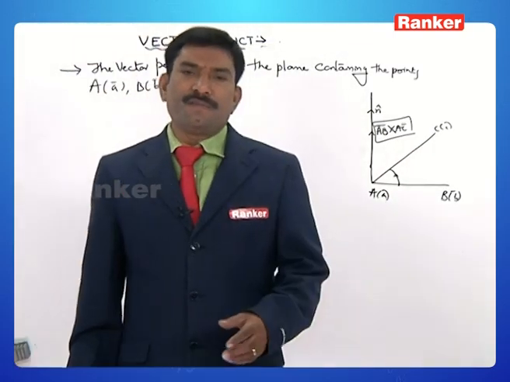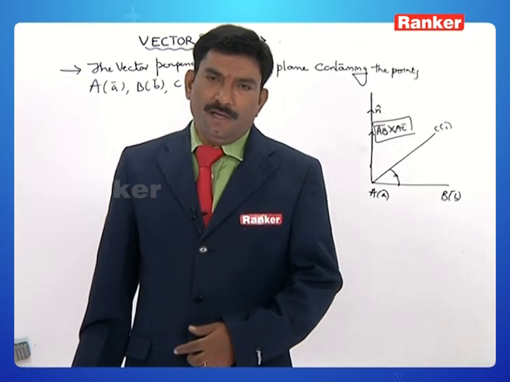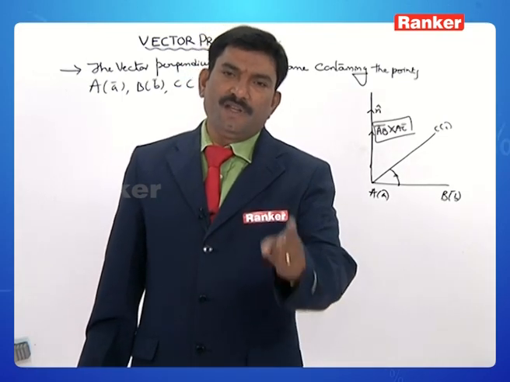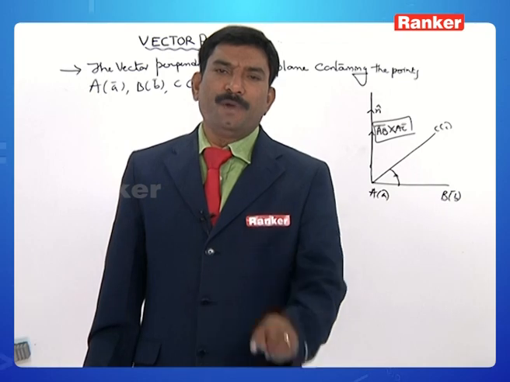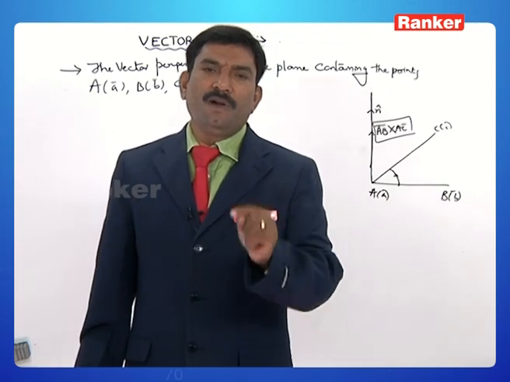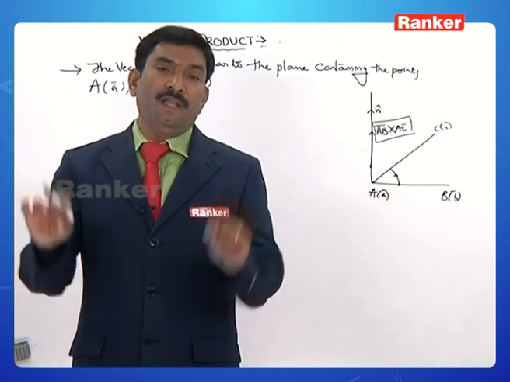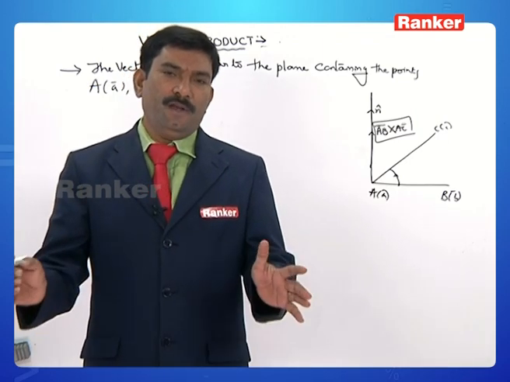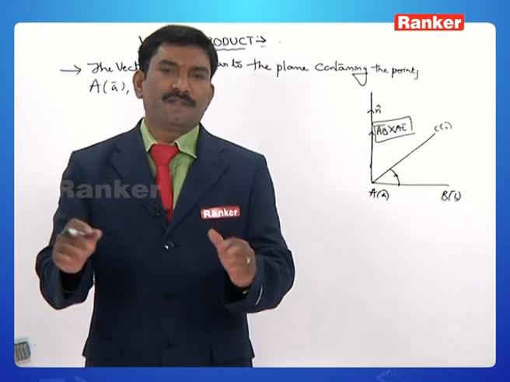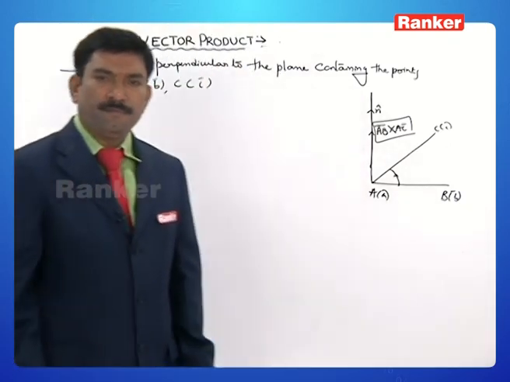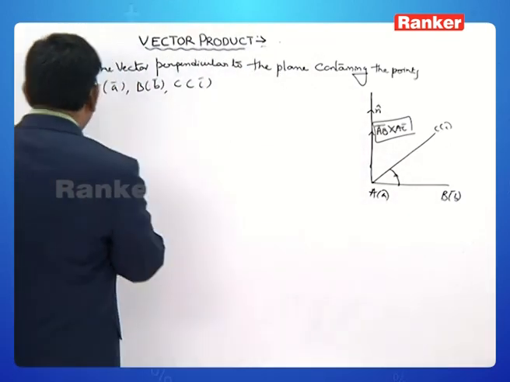By definition of cross product, AB bar cross AC bar is the vector which is perpendicular to both AB bar and AC bar. I mean, perpendicular to the plane containing A of A bar, B of B bar and C of C bar. Let us start.